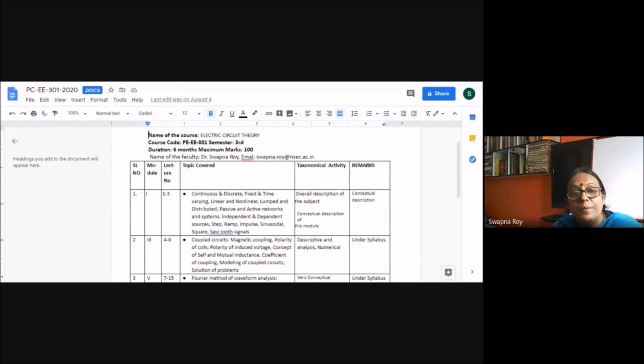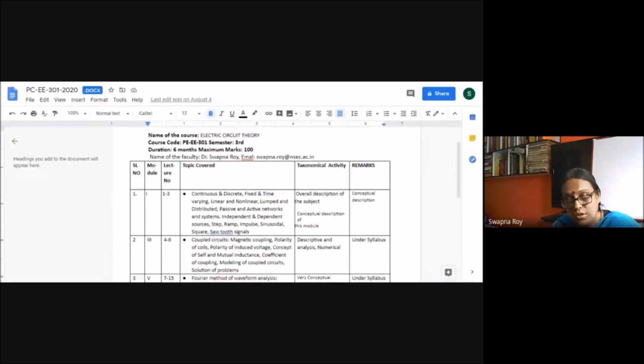The different types of dependent sources there are: voltage controlled voltage source, current controlled voltage source, current controlled current source, voltage controlled current source. So that means one is a current source. This current source is controlled by voltage. So voltage controlled current source, that is VCCS.